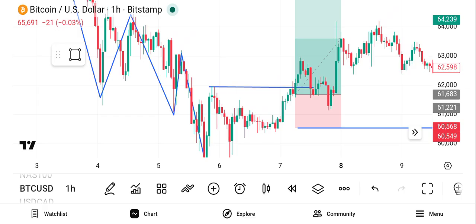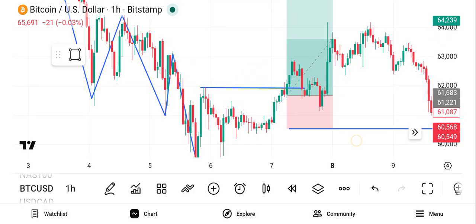I'm going to create a video and show you how I took those trades, or the analysis I made before I took those trades. And I'm also going to show you what may likely occur on the next trade, because right now I think there is a setup that is forming on BTC.